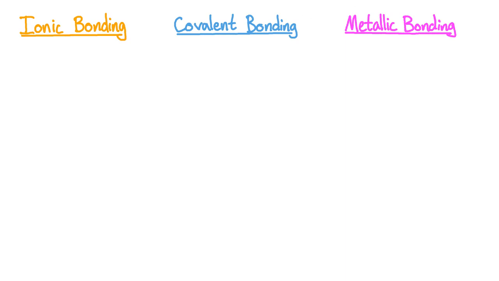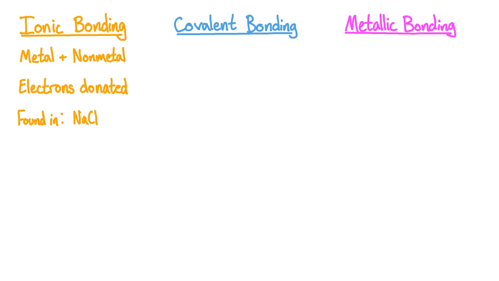Before we look at metallic bonding, let's recall a couple different types of commonly seen bonds and compare metallic bonding to these types. Ionic bonds occur between metal and non-metal elements. An ionic bond typically occurs when a metal atom donates one or more electrons, and a non-metal atom receives one or more electrons. The result is two ions of opposite charge with a strong electrostatic attraction.